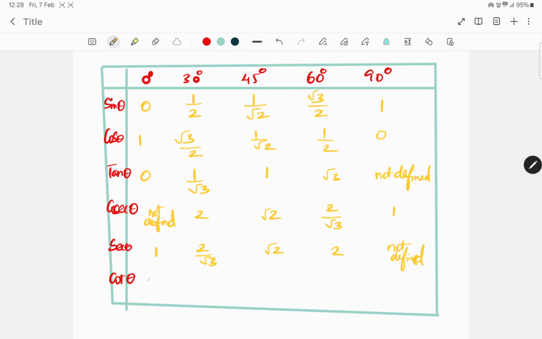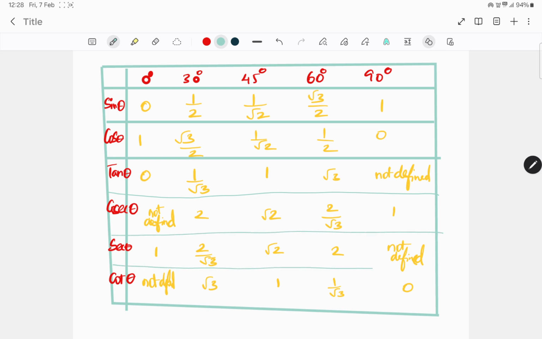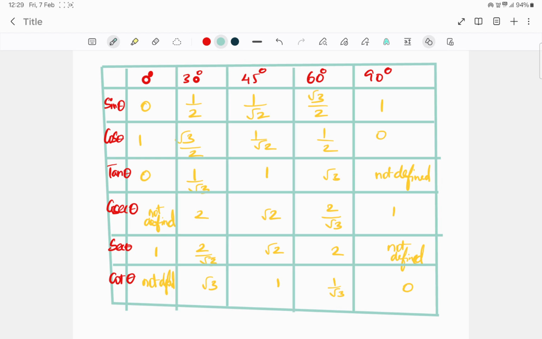Next cot is the inverse of tan. This is not defined, root 3, 1, 1 by root 3, 0. Yeah, we have completed the table.